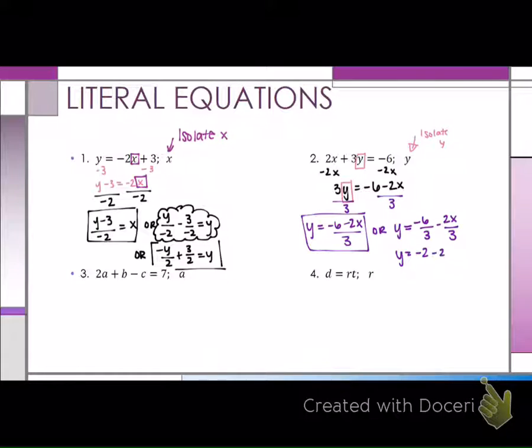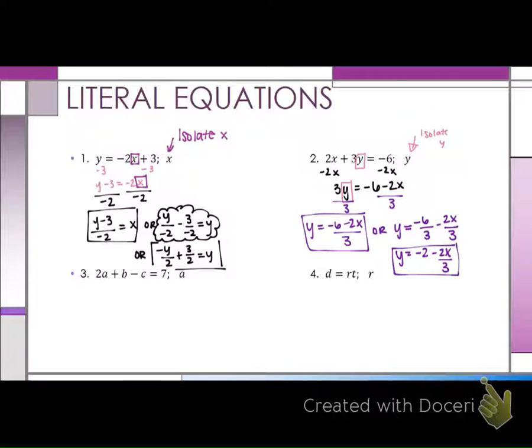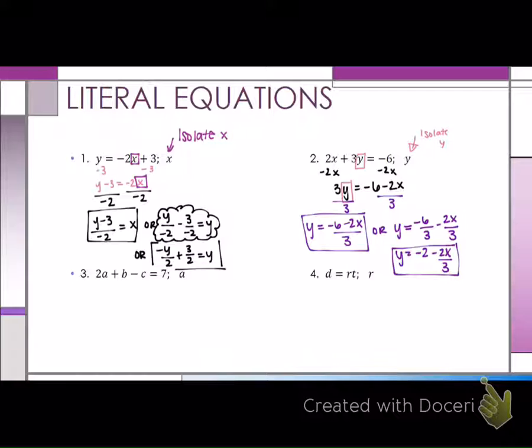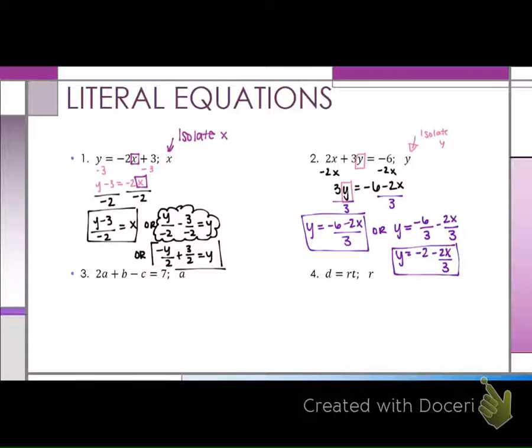So that would be negative 2 minus 2x over 3. So either one of those answers works. This one doesn't work because it's not simplified all the way, because you can divide 3 into 6 twice. Okay, so that's why that one's like that. Justin. Oh, that's just saying this is the variable you're solving for. So it's ending the literal equation, and that's the variable you're solving for. Does that make sense? Other questions?